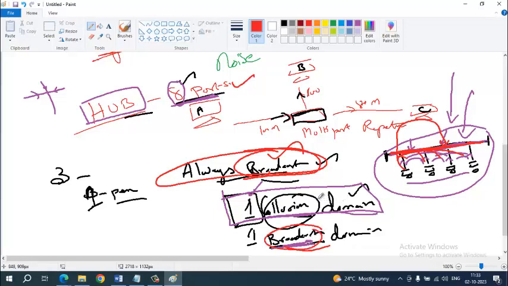So there is only one backbone. For this backbone story, I am telling you for your understanding. It's not a real backbone. The architecture is like that. There is only one collision domain and one broadcast domain. As a result, a hub cannot support a large network.